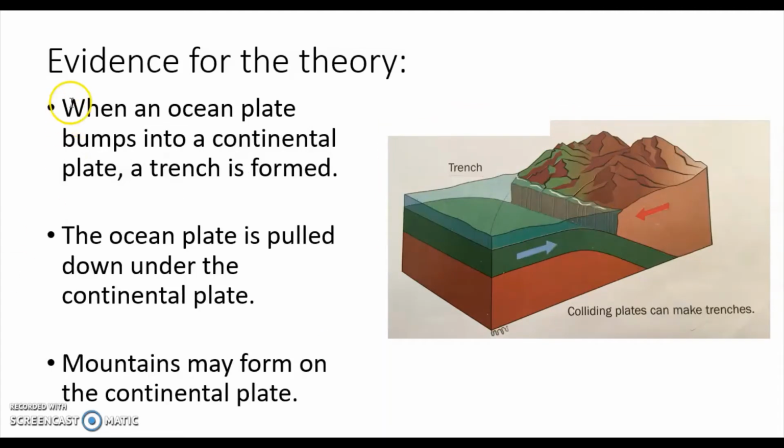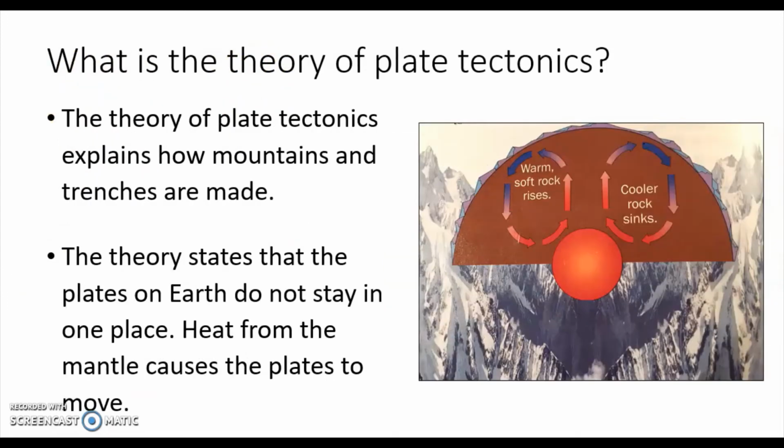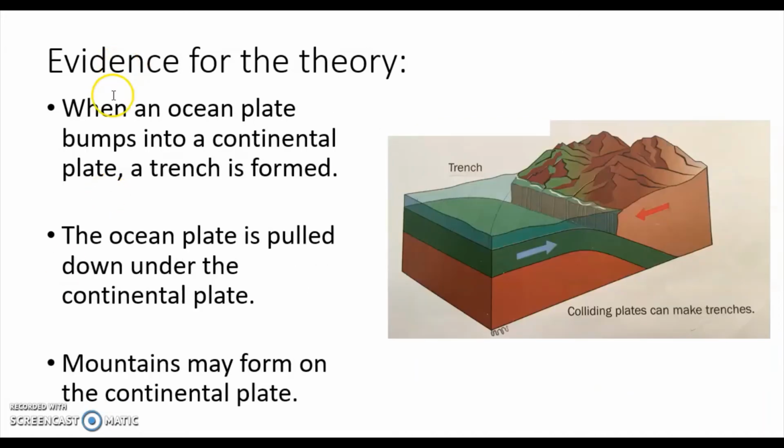Okay, last slide. Still evidence, more evidence for what theory? For the plate tectonics theory. Okay, here we go. When an ocean plate bumps into a continental plate, a trench is formed. So this is a continental plate. This is an ocean plate. Bam, they bumped. This one kind of goes under the other one.